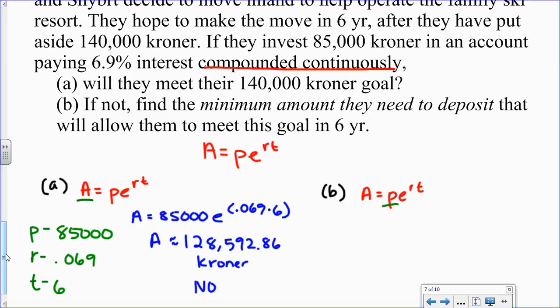So I need to figure out, what is the amount I need to get to 140,000? The variable I'm solving for is P. It's just what I'm multiplying here. So I don't have to do any log of both sides. I just have to divide by whatever this number is, e to the 0.069 times 6.